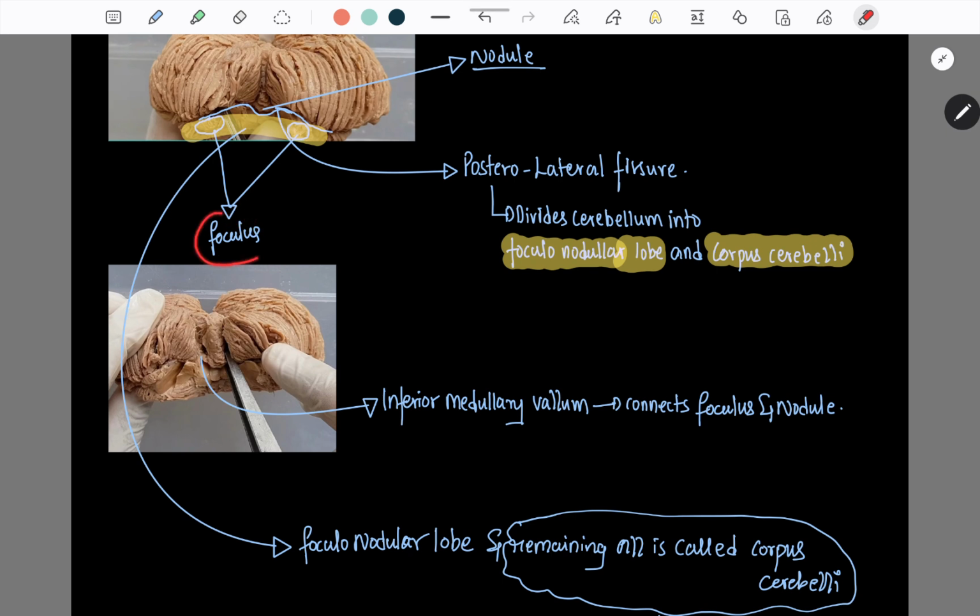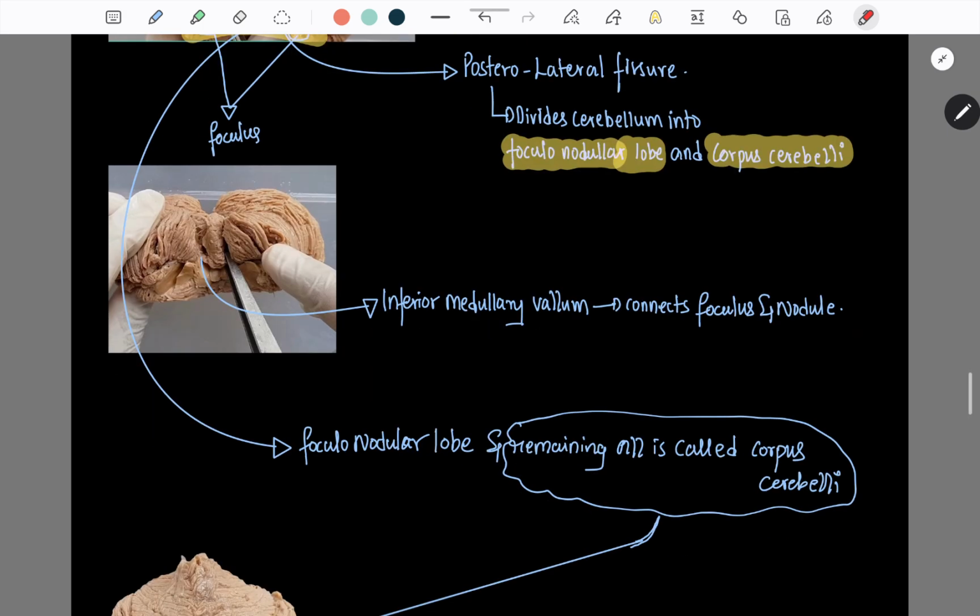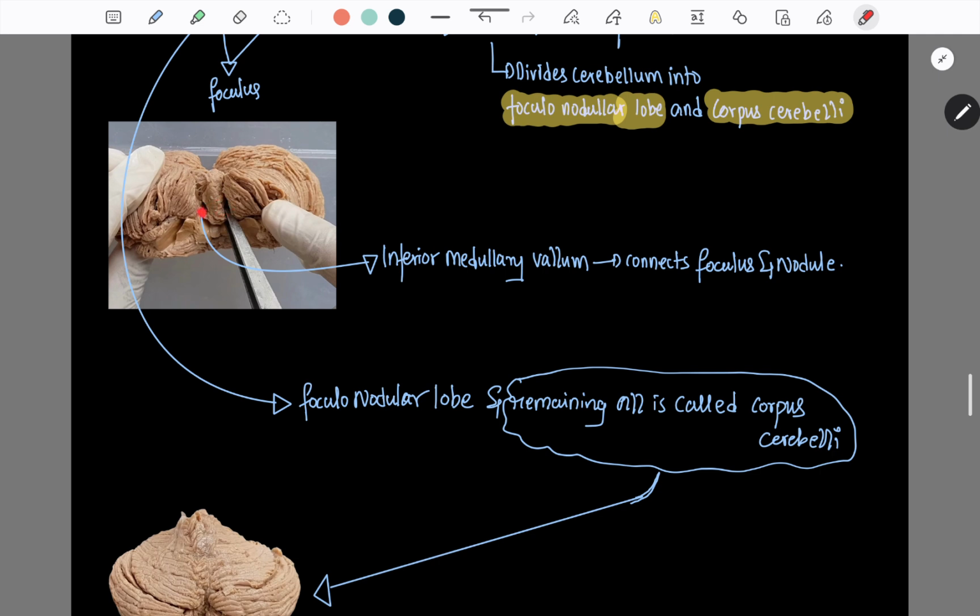This is the flocculus, this is the nodule. Both are connected by the inferior medullary velum. The inferior medullary velum connects the flocculus and the nodule.